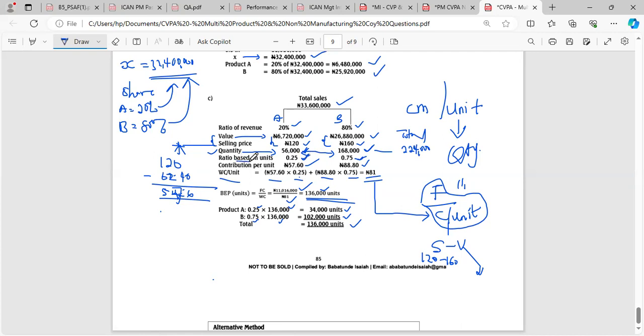Then I applied my ratio, 0.25 and 0.75. How do we get it? 56 divided by 224, we get 0.25. Then 168 divided by 224, you get 0.75. Don't forget that the denominator here is contribution per unit. So we have to calculate contribution: sales minus variable cost.